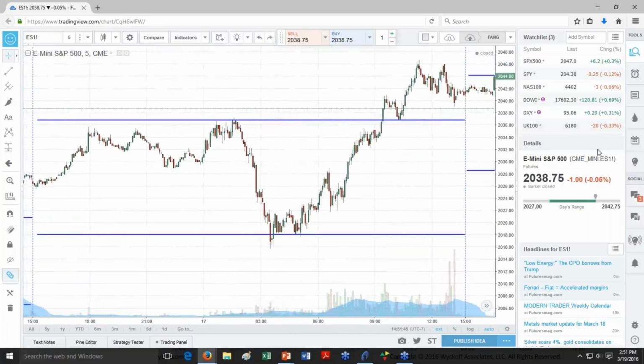So look at what happened on Thursday. Here is the high during the European session, and then they pushed the price so low that this was the creation of this level right here.